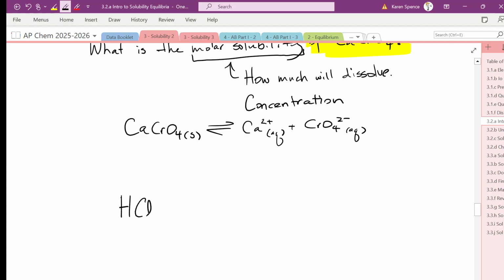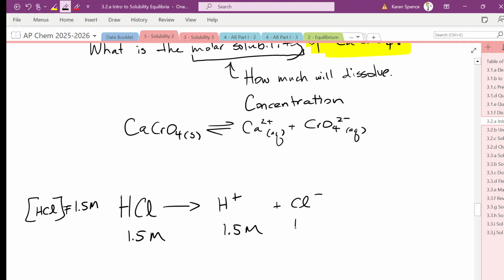If I told you that the concentration of HCl was 1.5 molar, then what is the concentration of H plus? 1.5 molar. And what's the concentration of Cl minus? 1.5 molar, and that is because the ratio of these things is 1 to 1 to 1.